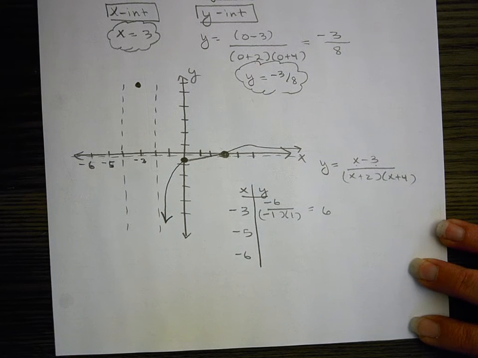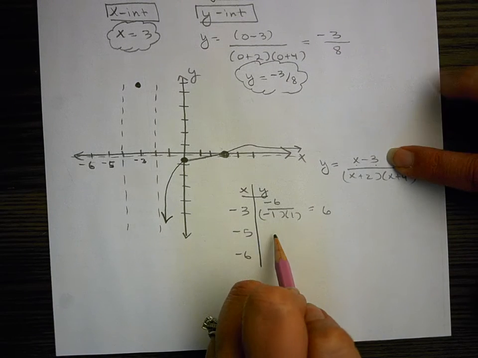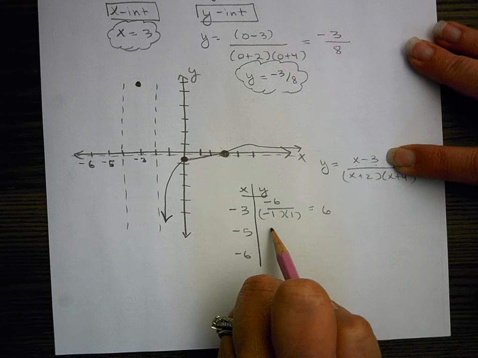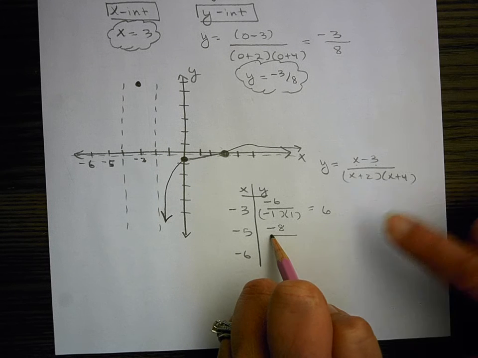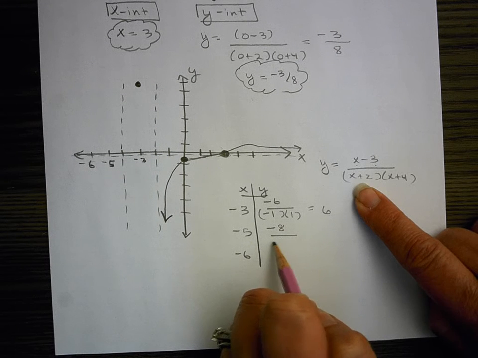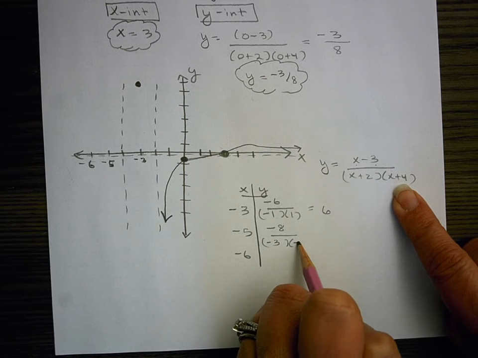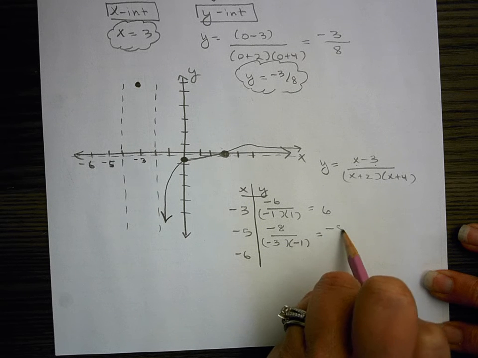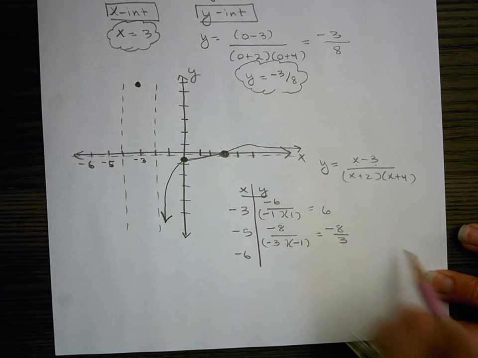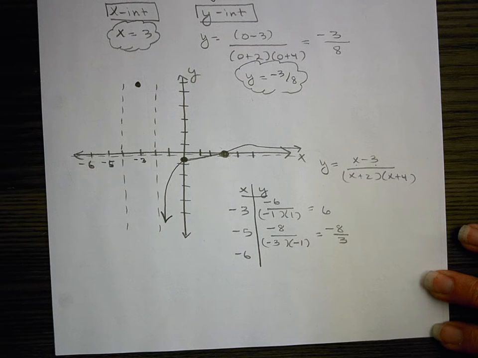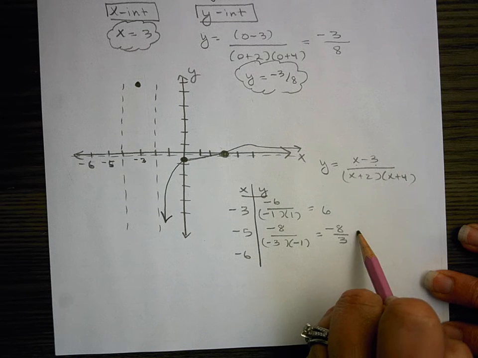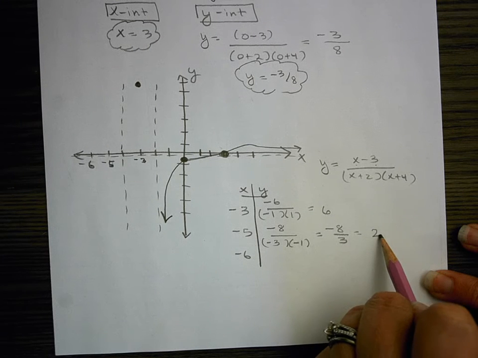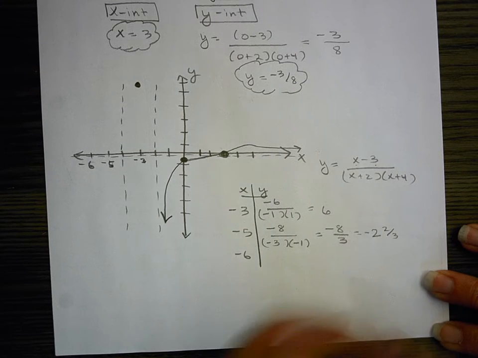And then substitute in negative 5, so negative 5 minus 3. And then negative 5 plus 2. And negative 5 plus 4. So that would be negative 8 over positive 3. So that is, what is that? 3 goes into 8 twice with 2 left over, so like 2 2/3.